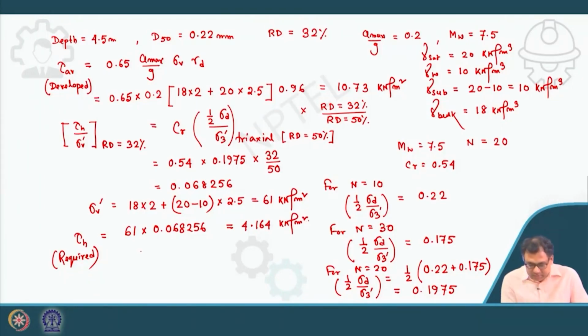You can see the tau average developed is greater than tau A, so liquefaction will occur.